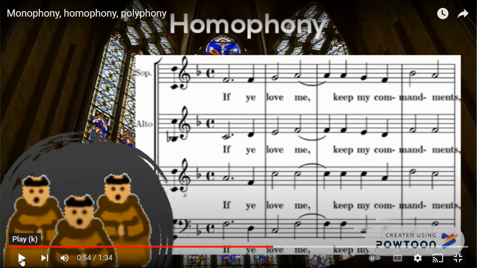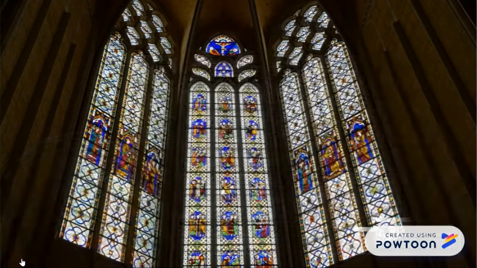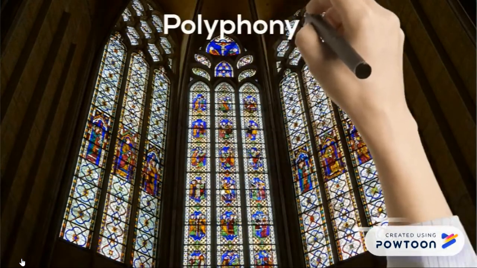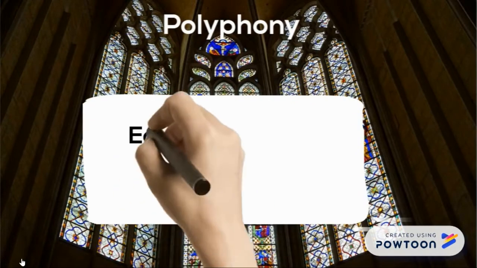It's also called parallel organum, where you have notes that are moving in the same direction and at the same time, but they're different notes. They're just moving in the same direction. So we'll talk more about that soon. Polyphony.